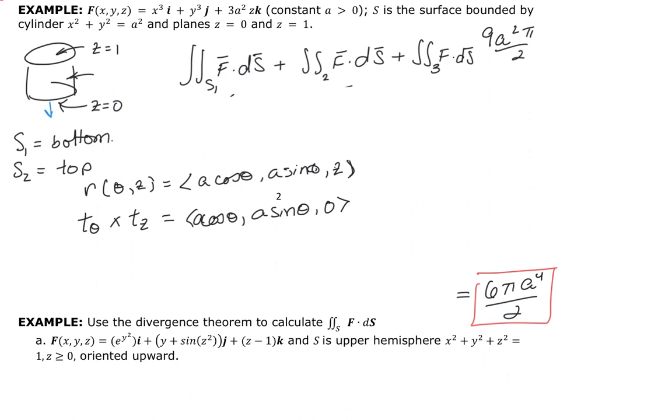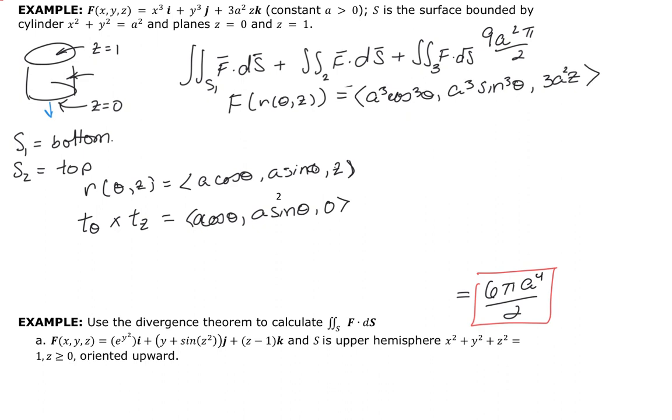All right. So now when I find my F of r of theta, z, this is going to be equal to, replace x appropriately, a to the third cosine cubed theta, a to the third sine cubed theta, and of course 3az, a squared z.